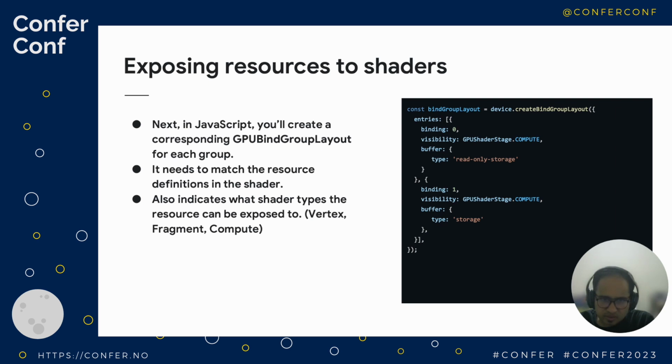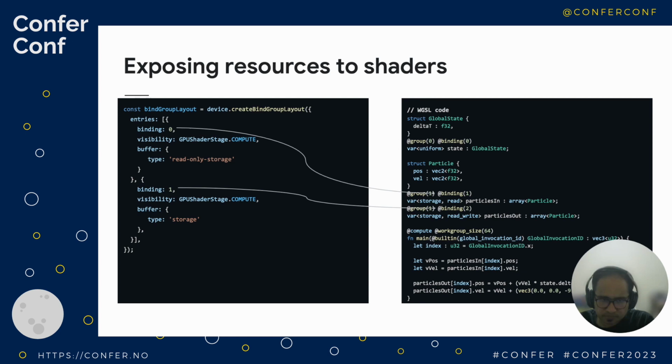Next, in JavaScript, you will create a corresponding GPUBindGroupLayout for each group. It needs to match the resource definitions in the shader which we just talked about. Now, if we look at it side by side with the corresponding shader, you can see that we have an entry for each binding in the relevant group.